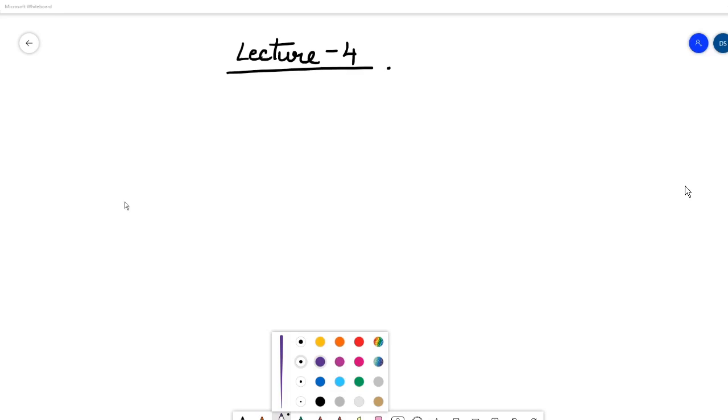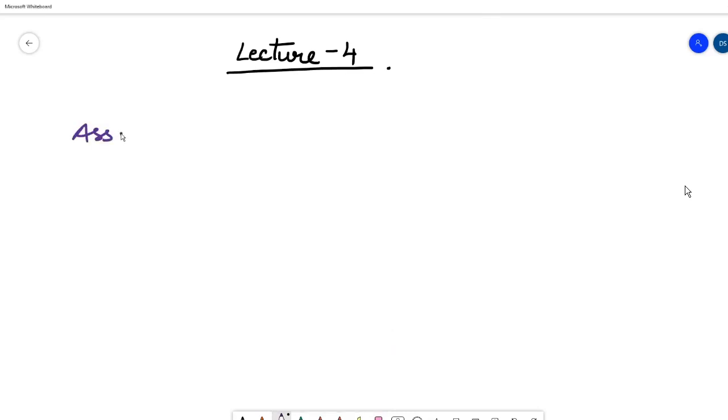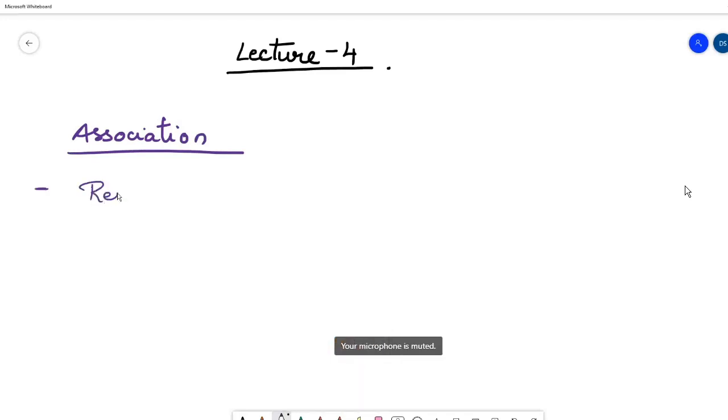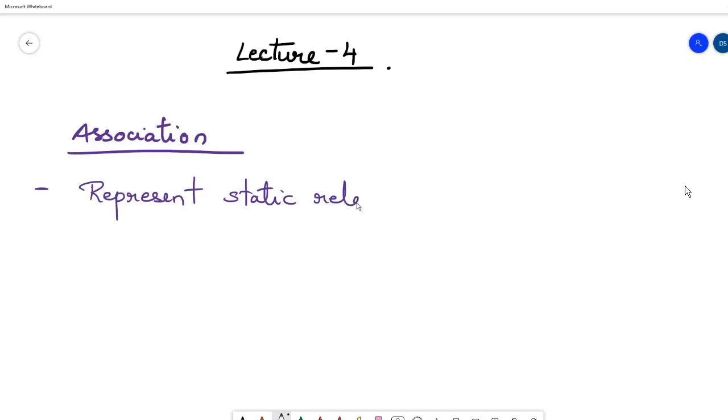So usually we use association to represent a static relationship between classes. So how is this relationship represented in pictorial form? It represents a static relationship between classes.